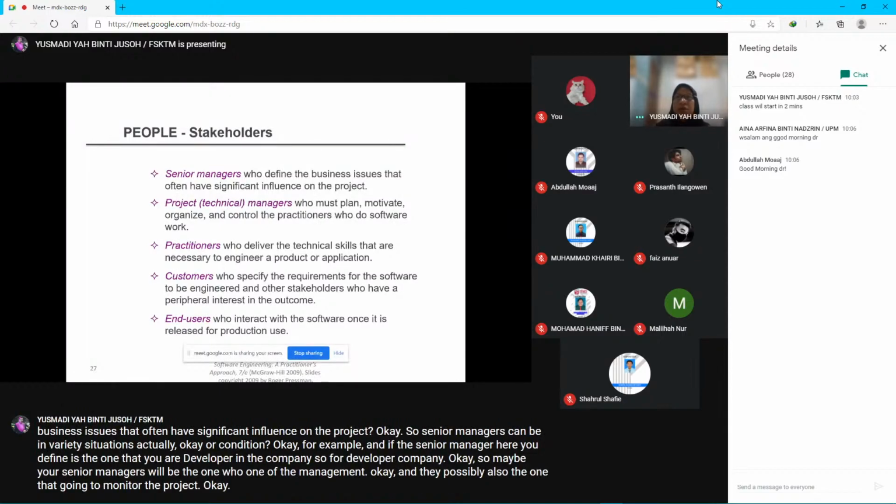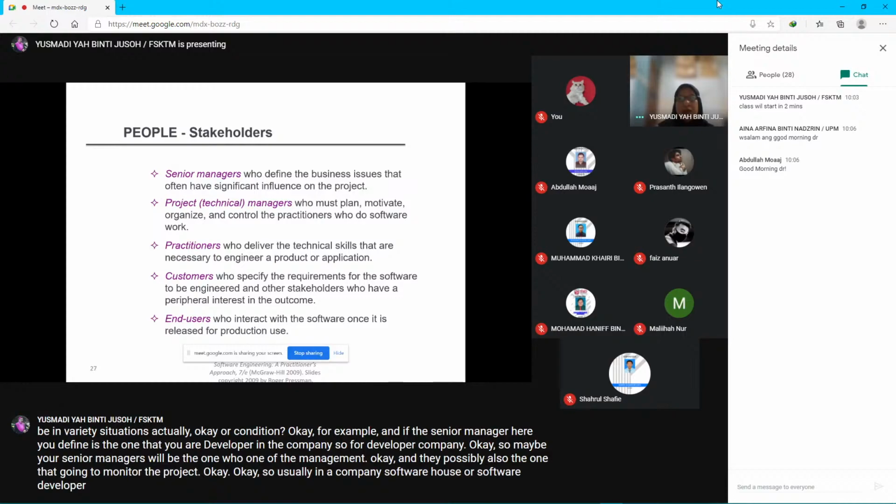Usually in a software house, they are involved in not one project, but many projects at the same time.